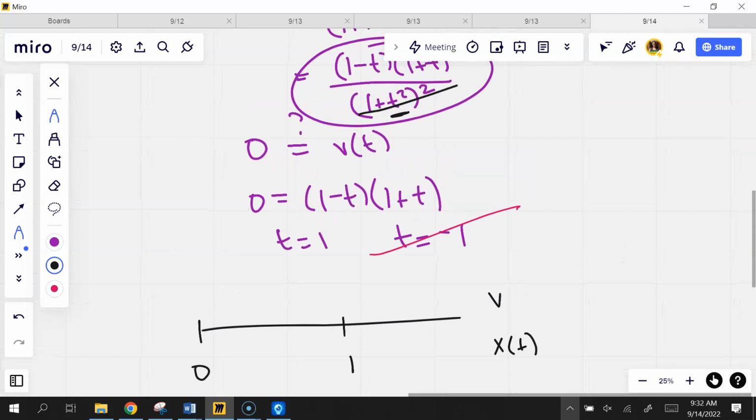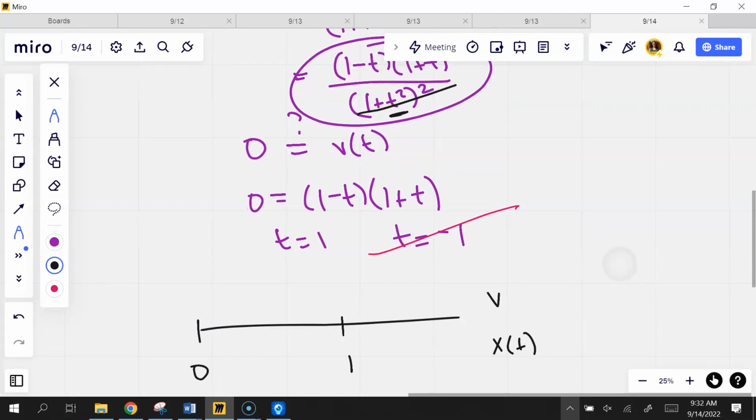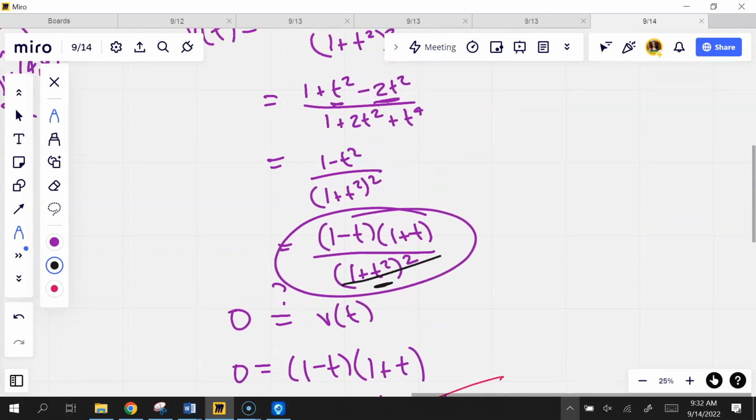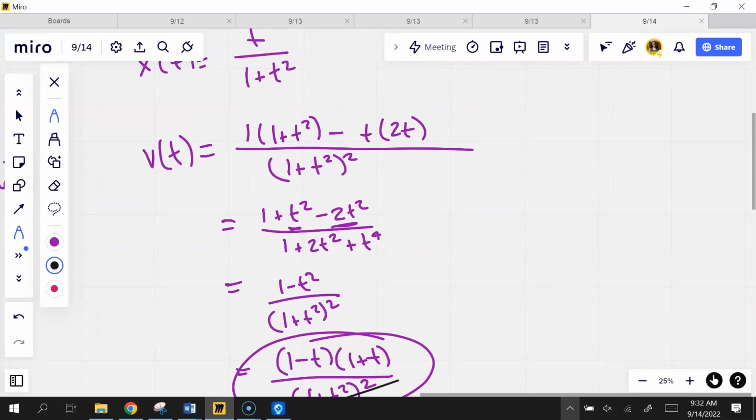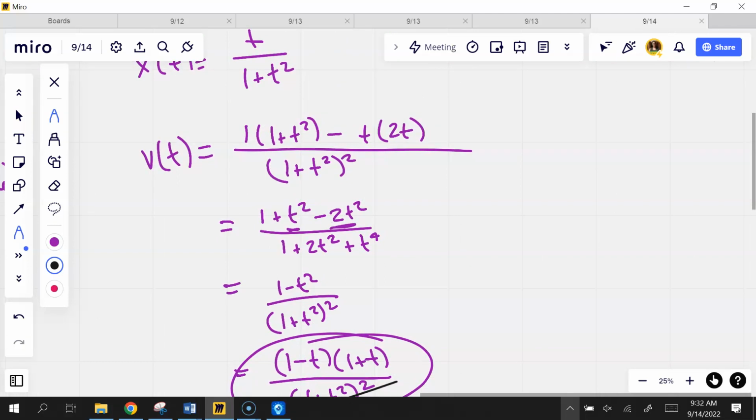So what is the sign? Now look at this fraction. The bottom of this fraction on your velocity is always going to be positive no matter what. Do you see that? As I'm trying to figure out what the sign is, I'm trying to use little tricks that are going to help me evaluate things without going through the whole thing.